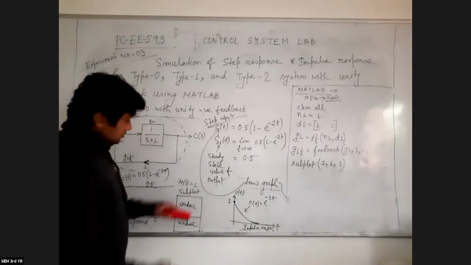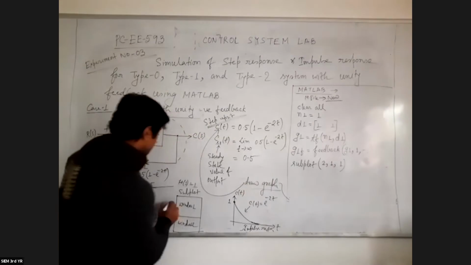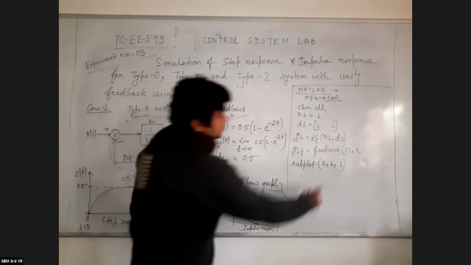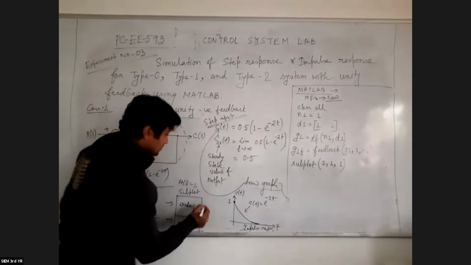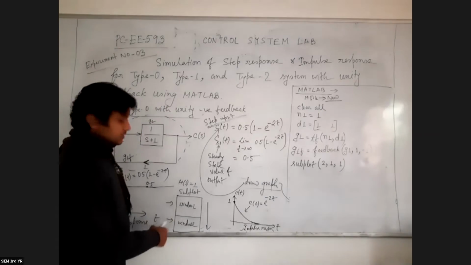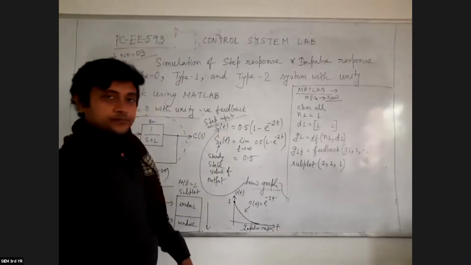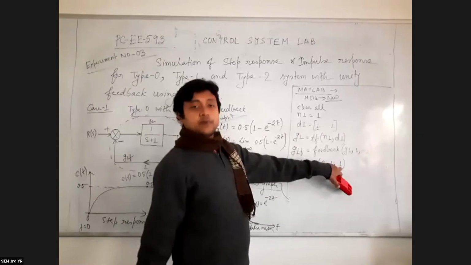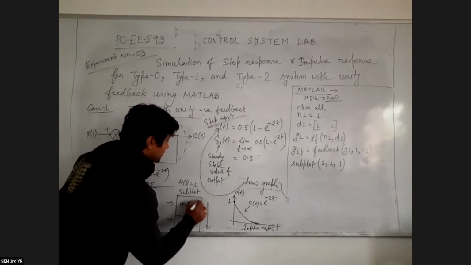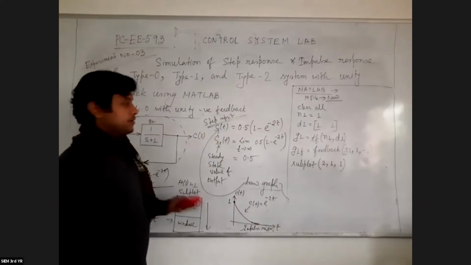So two rows are there, 1 and 2. This one represents one column, a single column. And the next one represents diagram number 1.